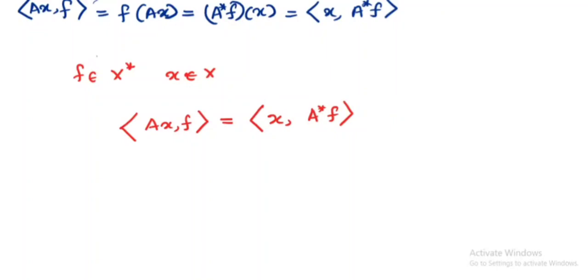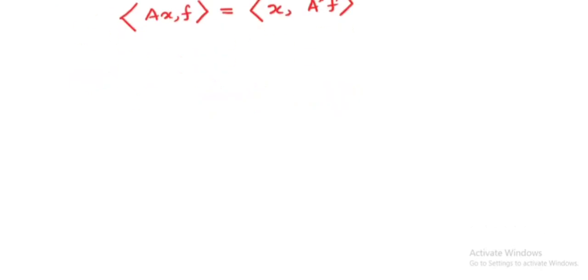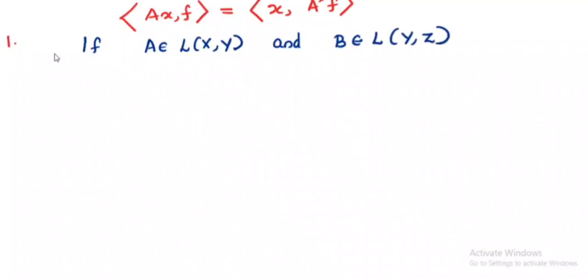So now we are going to prove one problem. First one: if A belongs to L(X,Y) and B belongs to L(Y,Z), then we have to prove that (BA) star is equal to A star B star, and it is a map from Z star to X star.